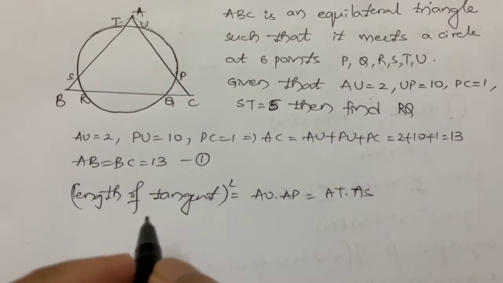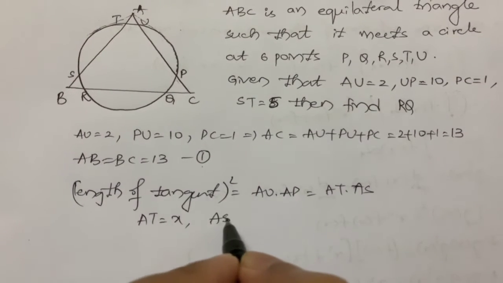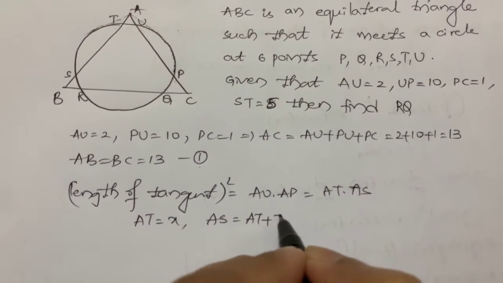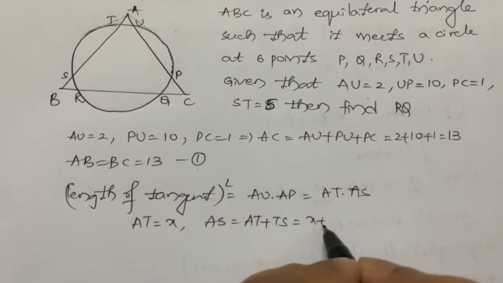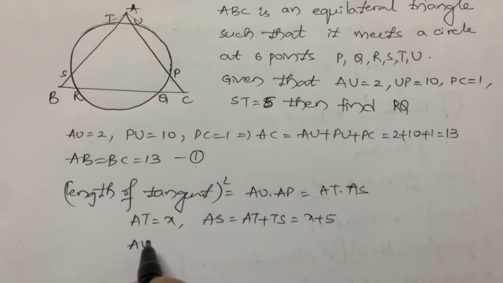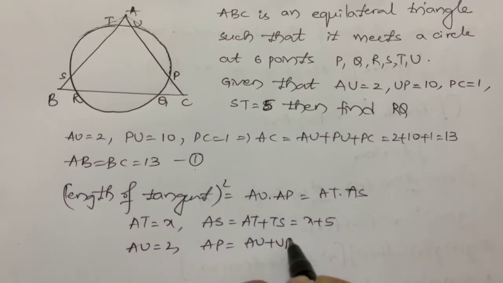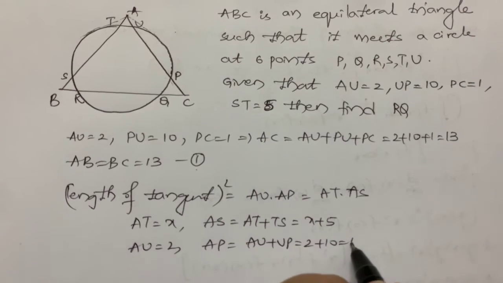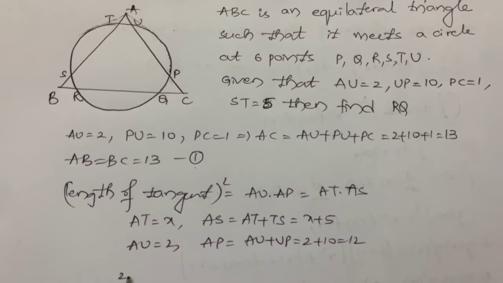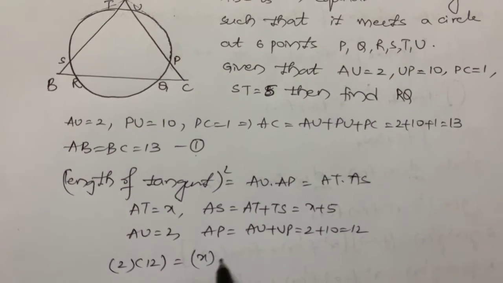AT we don't know, so let's say AT is equal to X. AS will be AT plus TS, which is X plus 5. AU we know, AU is equal to 2. AP also we know, AU plus UP, which is 2 plus 10, 12. So 2 into 12 is equal to X into X plus 5.